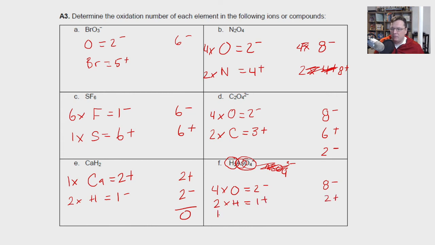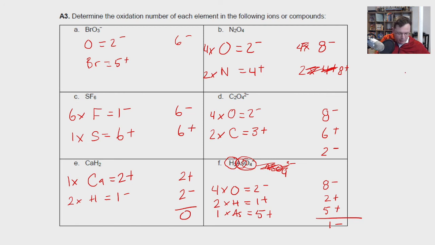And then we have 1 arsenic in this case. Overall, the net charge is going to be 1- in this scenario. So to get to that 1-, we need the arsenic to have a 5+ charge, because 2+, 5+ gives us 7+, 8- cancels out, you get 1-. So that means that the arsenic has to have a 5+ charge in that scenario.